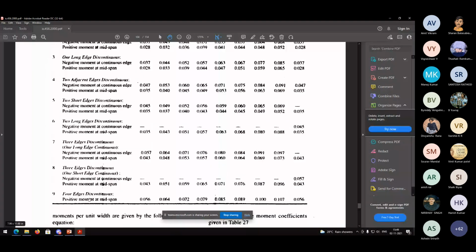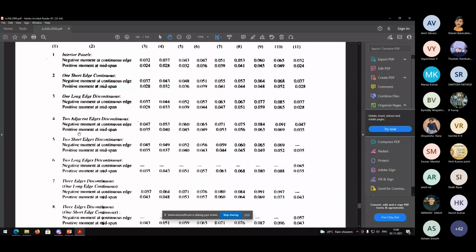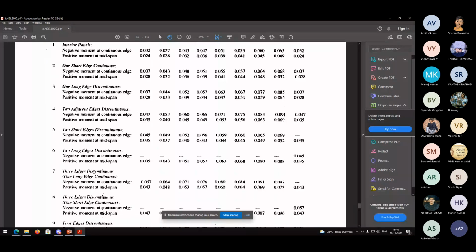And there used to be one mistake in this table. Let me see if I remember it. One short edge discontinuous. Yeah, 2 and 3.